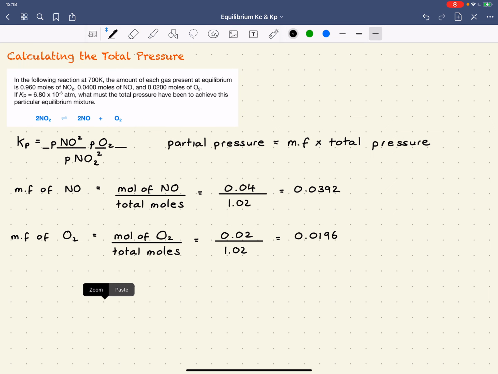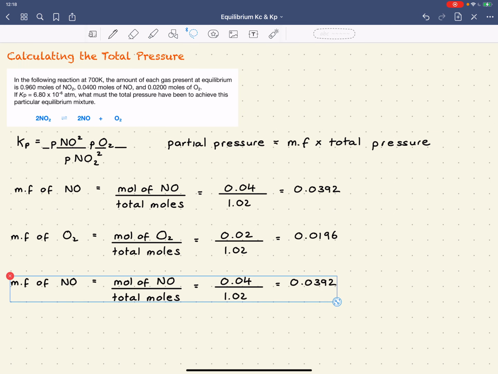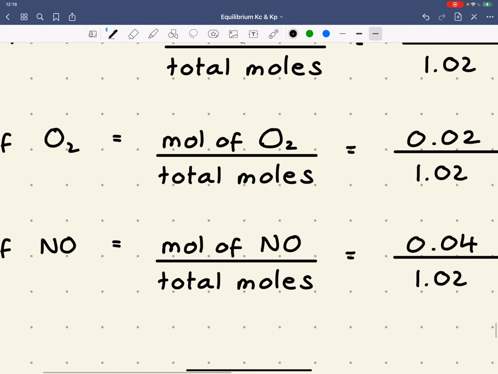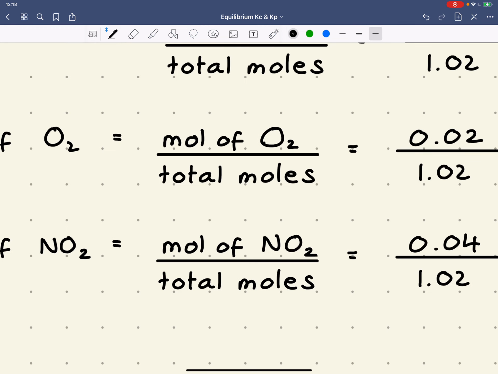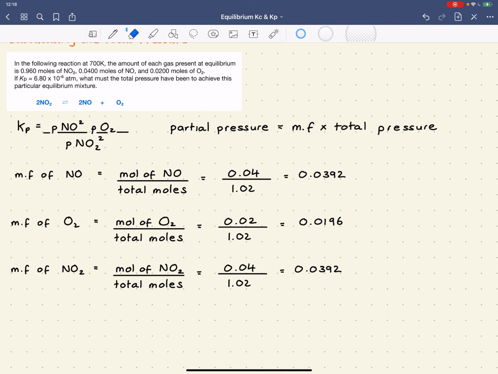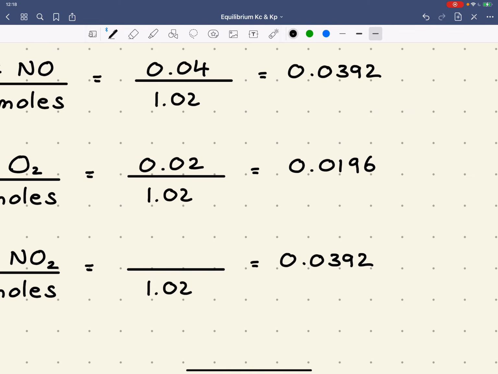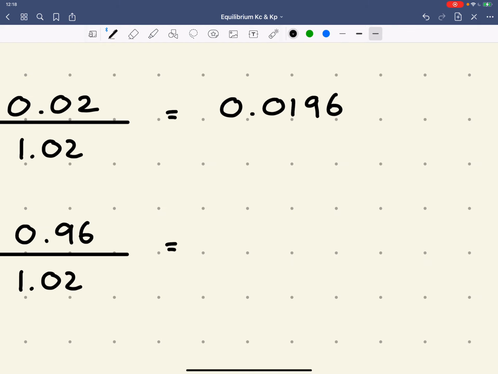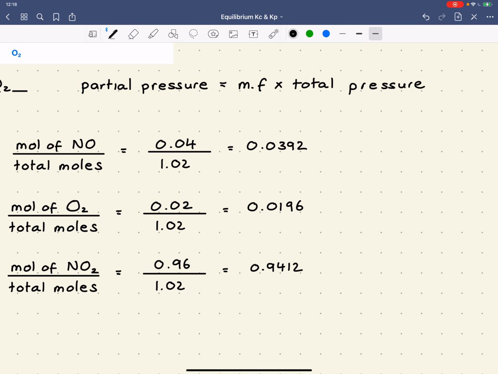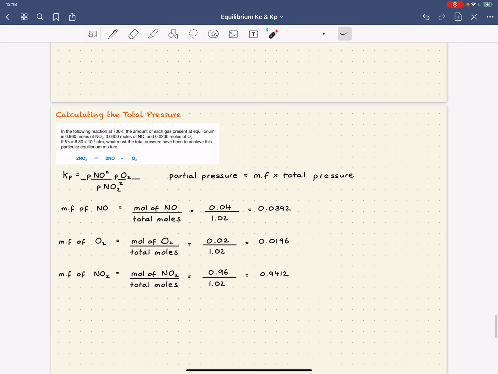And then we repeat the same procedure for the mole fraction of NO2. That is 0.96, and that gives me a mole fraction of 0.9412. Again, these mole fractions should all add up to give 1, which when you check, they do.